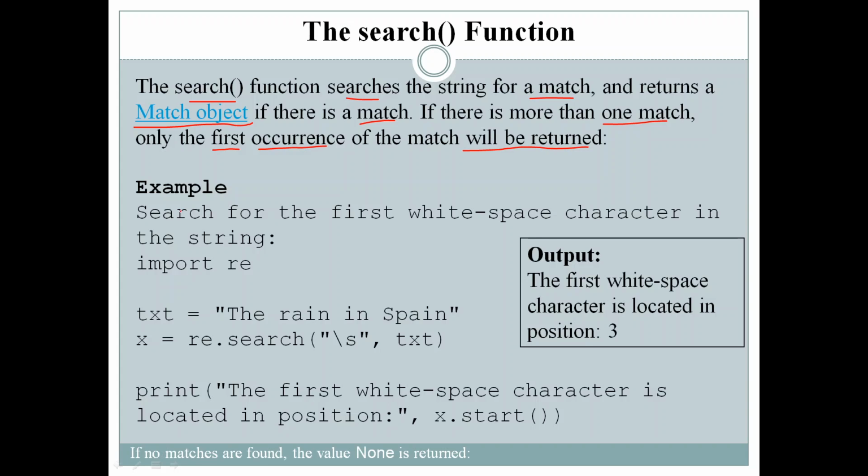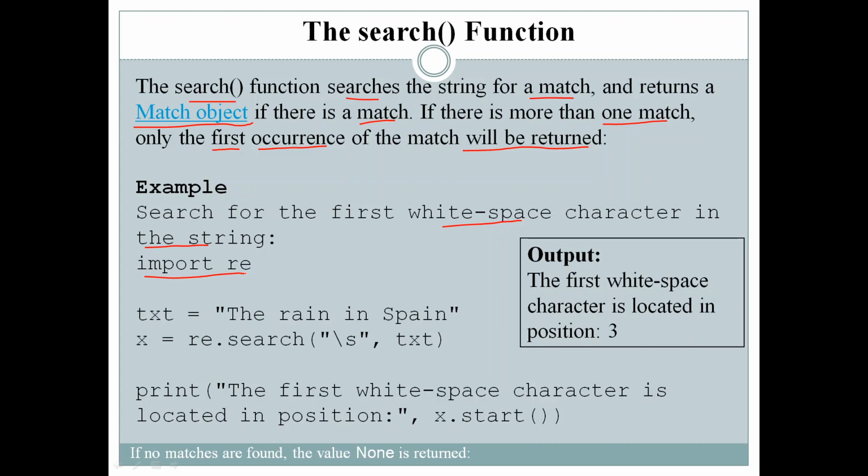Now look at this example. Search for the first white space character in the string. So we are searching for a white space character in the given string, the first white space character that we need to find. Now how is it done?